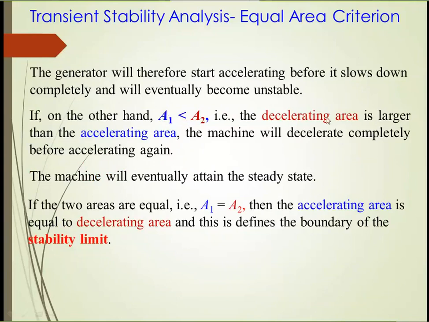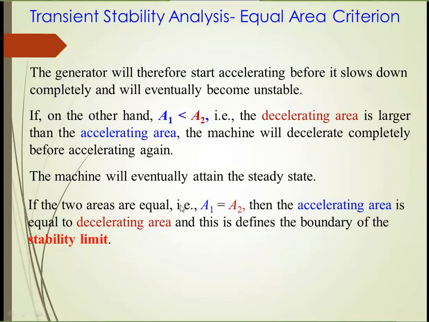And as I said earlier, with another example, if area 2 becomes greater than area 1, so that means the decelerating area is more than the accelerating area, in that case, the machine will decelerate completely before it accelerates again. So that means PE will drop to 0. So again, in that case, it will never actually attain the steady state.